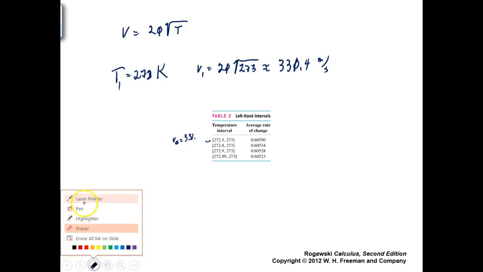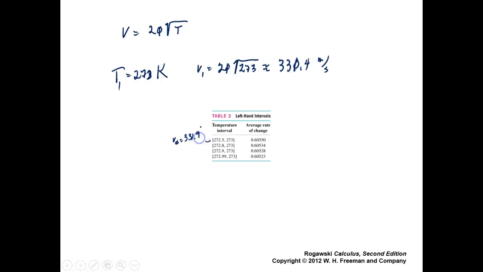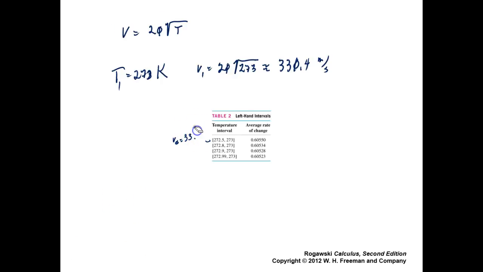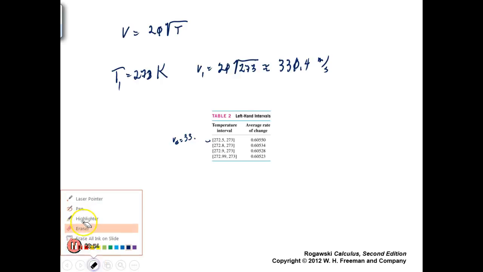We have the speed going up as the temperature is decreasing. It should be going down as the temperature decreases. So one of these is wrong. 330.15, I will buy that one.